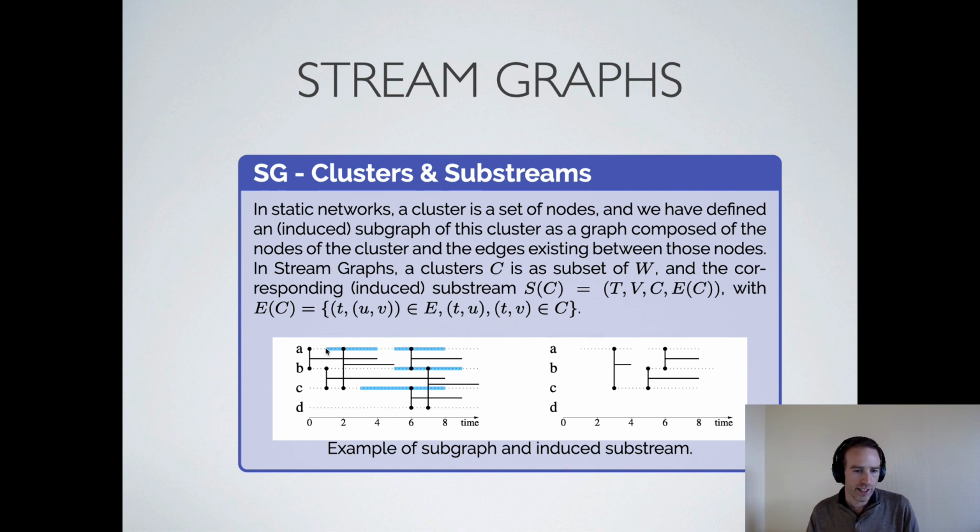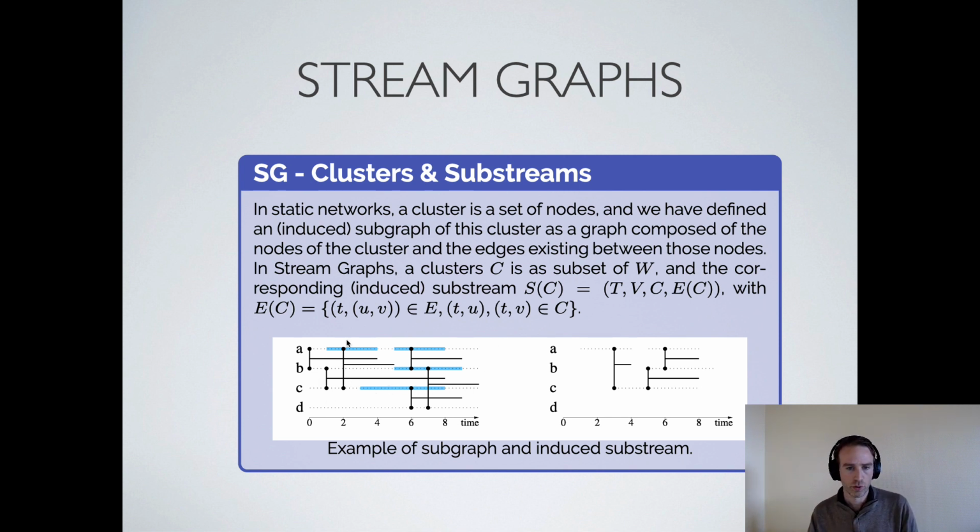So we just decided, for the sake of example, to have a cluster which is composed of A from 1 to 4, and A from 5 to 8, then B from 5 to 9, and C from 3 to 8.